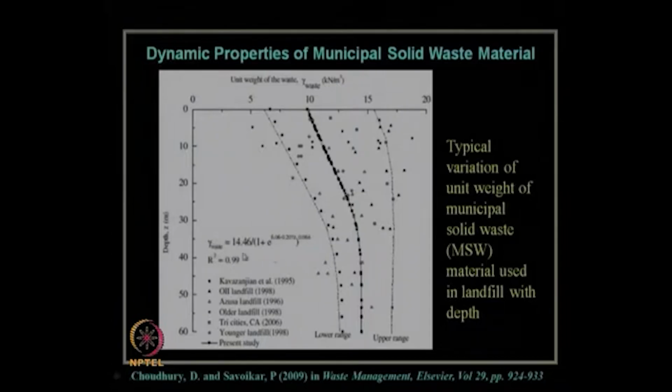As you can see, the equation gives a very good estimate with a regression coefficient R square value of 0.99, and this equation can be used for a preliminary design, when the value of gamma of waste varying with depth is not available for seismic design of municipal solid waste landfill.